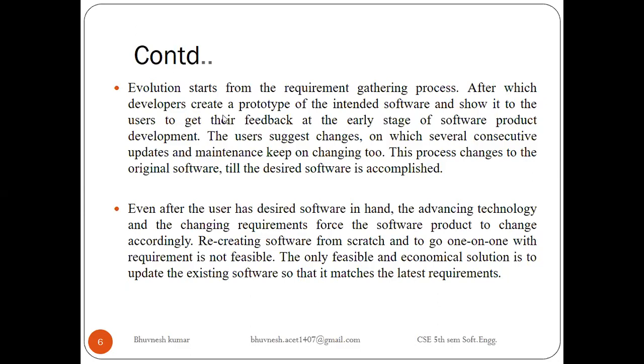Here the line says that the developer creates a prototype of the intended software and shows it to the user to get feedback at an early stage. Before developing the original software, he makes a toy-like prototype and shows it to the user, who checks it.